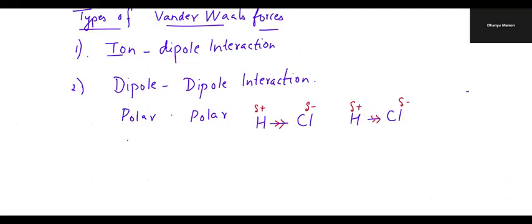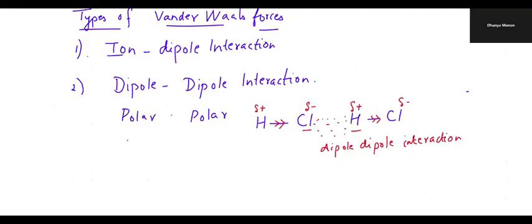So what would happen between the negative chlorine and the positive hydrogen? There can be weak forces of attraction between them, and this is called dipole-dipole interaction. That means interaction between two polar molecules.